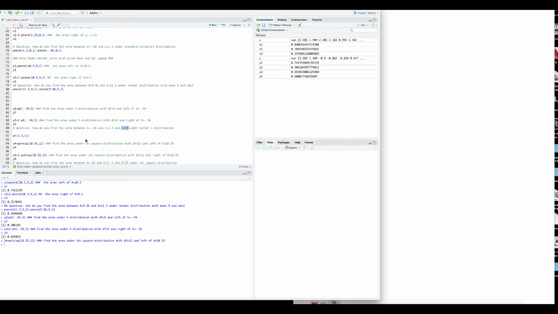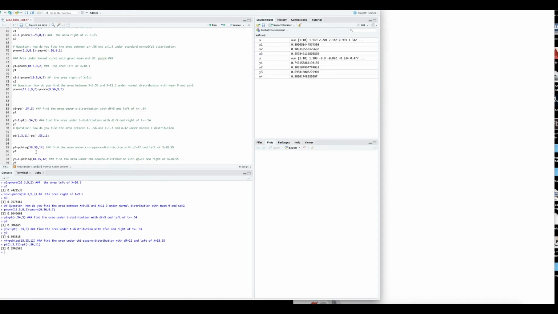The sample size is 12, so the degrees of freedom is 11. Minus you do pt of negative 0.56, comma 11 degrees of freedom again. So if you do that, that will give you the area between these two values, which is 59.67%. That is for the t distribution. Okay, so we are finding the area under the normal distribution and under the t distribution.